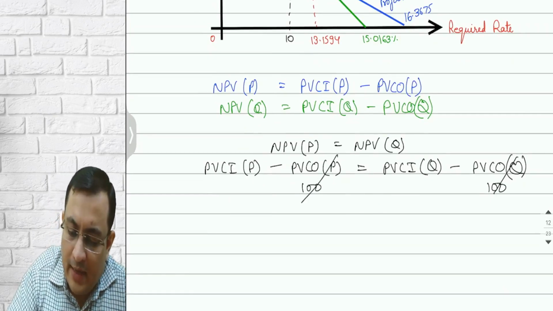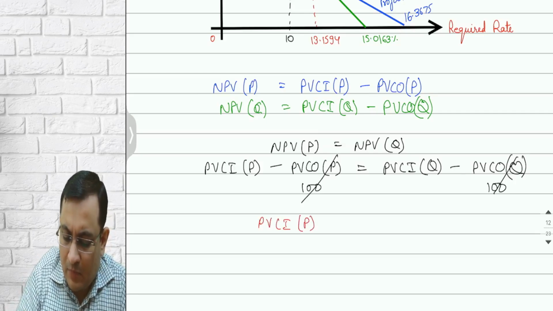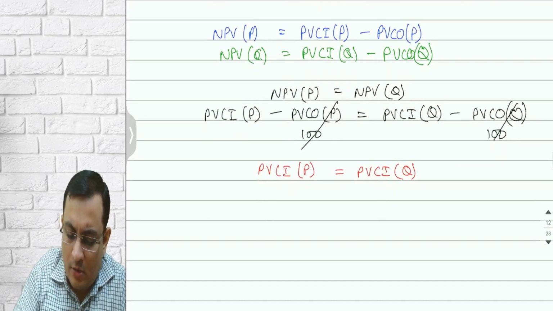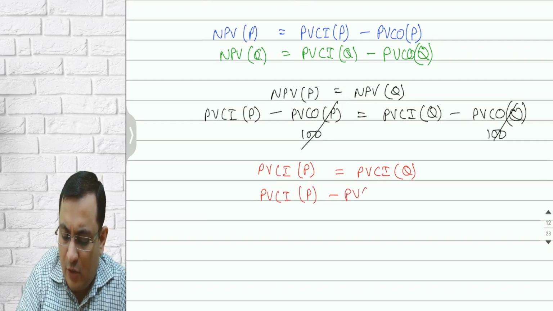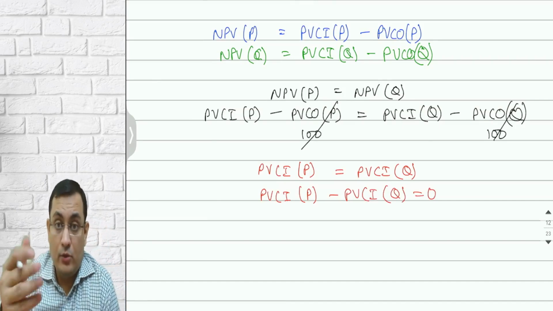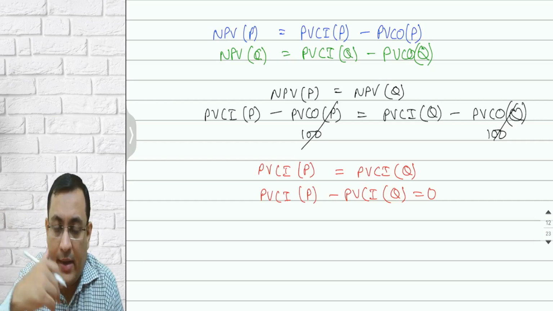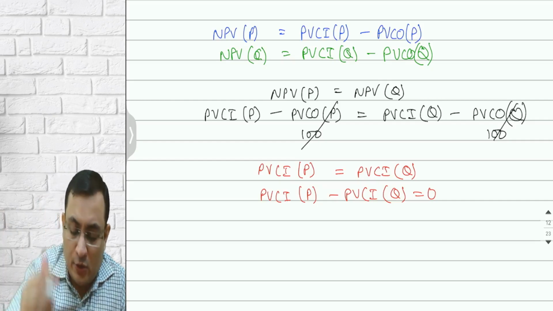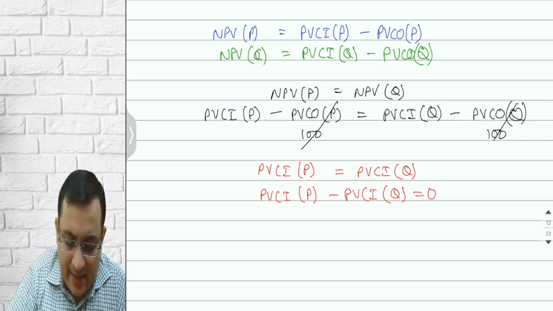So now what are we left with? We are left with PVCI of P should be equal to PVCI of Q, or PVCI of P minus PVCI of Q should give 0. Now we do not have the rate at which these two will be equal. That's what we are trying to identify. So let's assume the intersection point rate is X%.